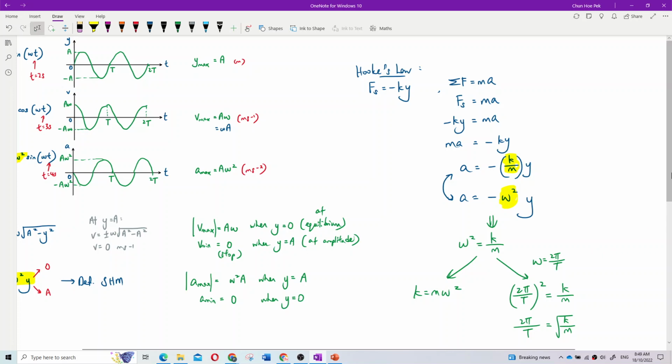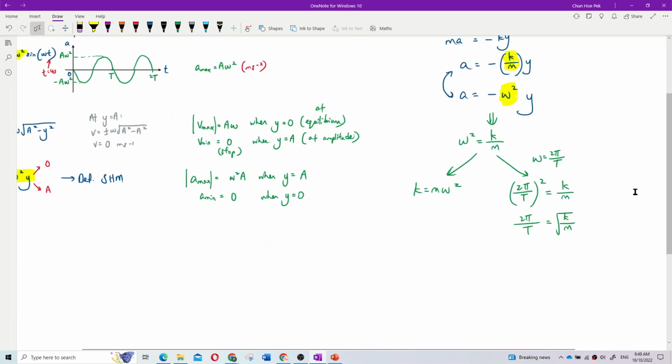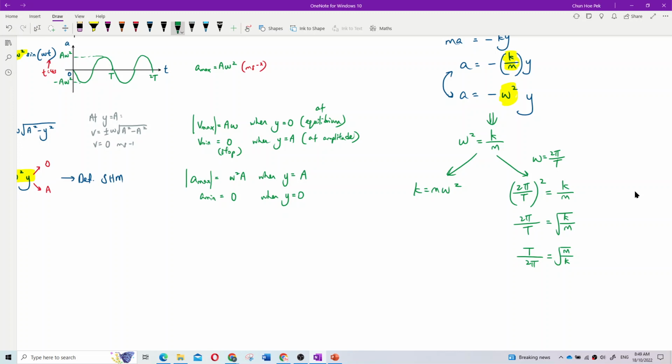Correct or not, class? Yes. Very good, all of you are very good students. And then we invert both sides and multiply to the top.